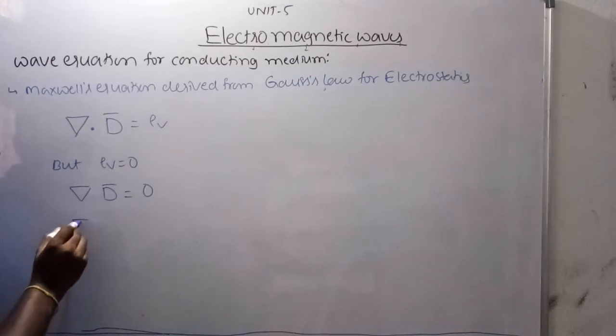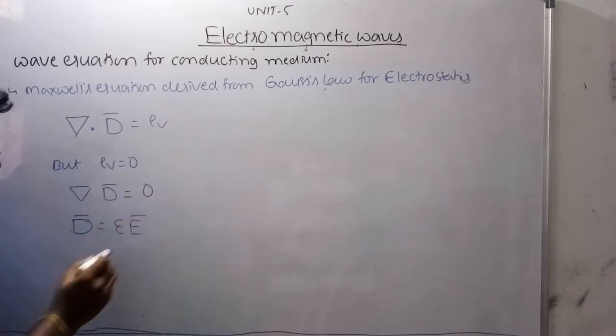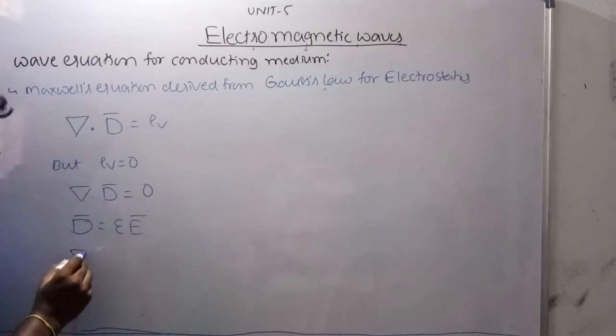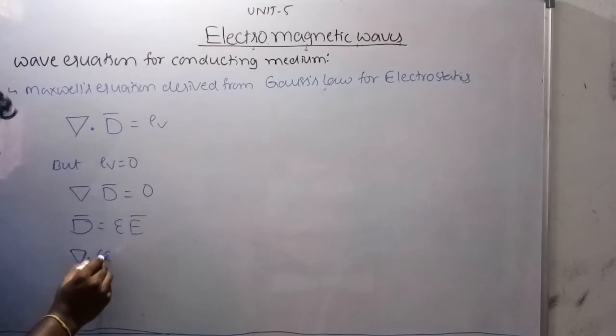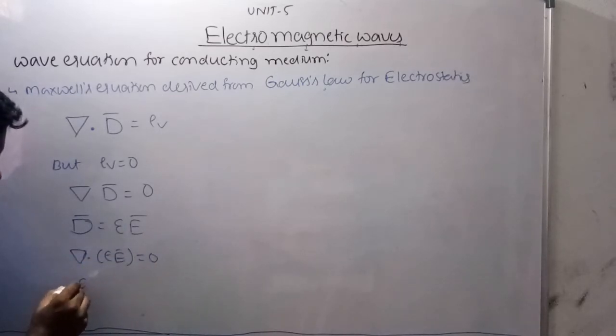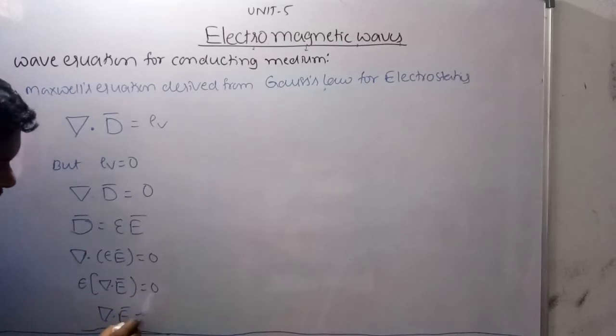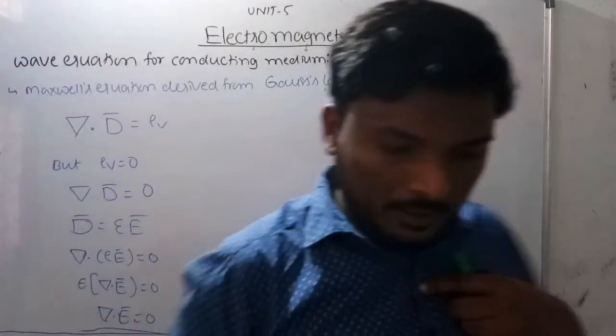But we know the relation between D bar and E bar: del dot epsilon times E bar equals 0. If you take epsilon outside the del operator, it becomes del dot E bar equals 0. Consider it equation number 4.